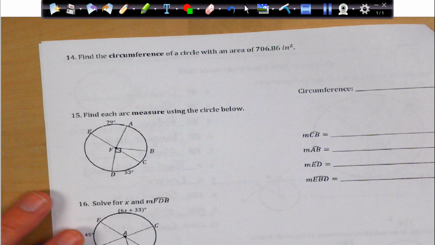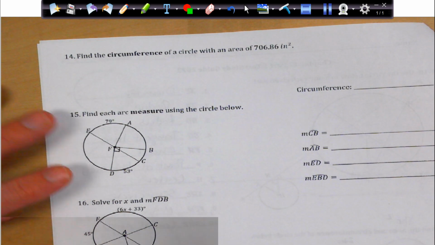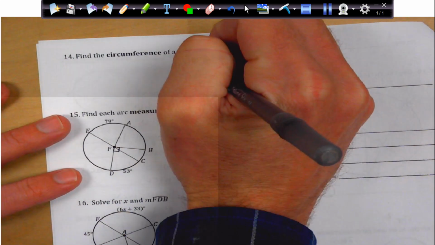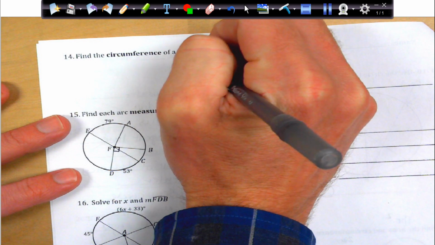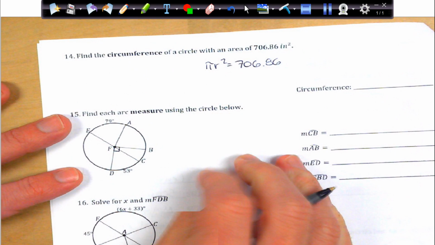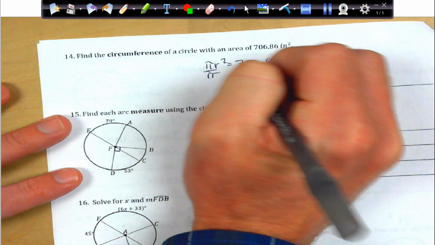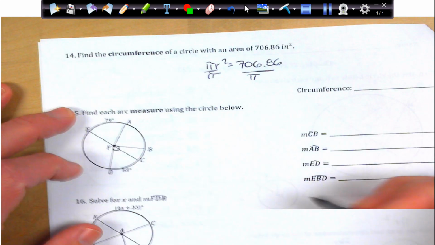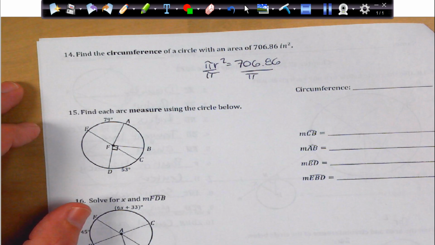All right, the circumference of a circle with an area of this. So now we do it backwards. This time we're going to set this equal to the area formula. So we get pi r squared equals 706.86. So first we're going to divide by pi. In our calculator, 706.86 divided by pi.